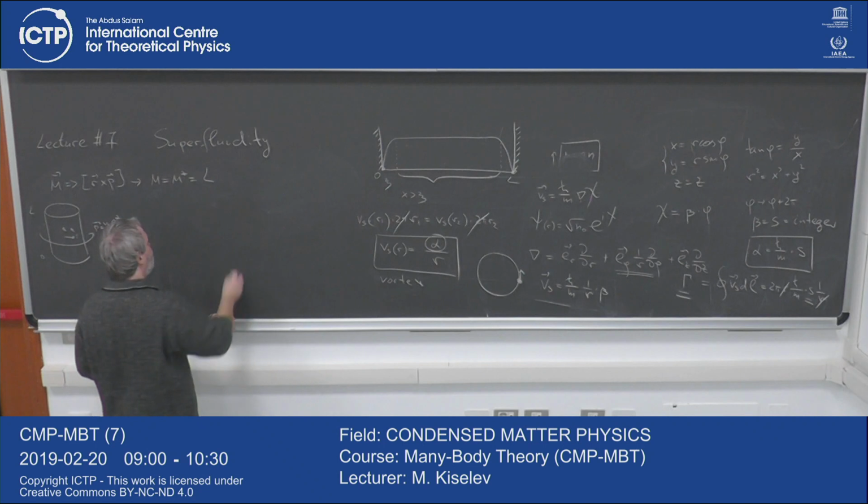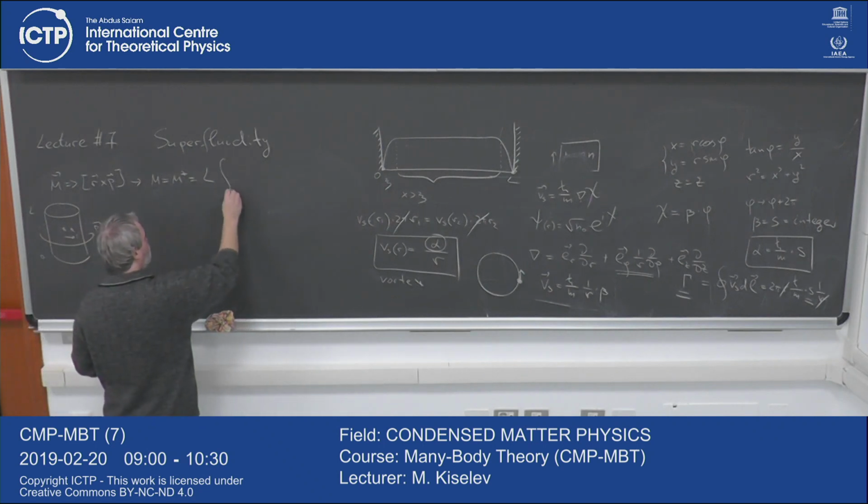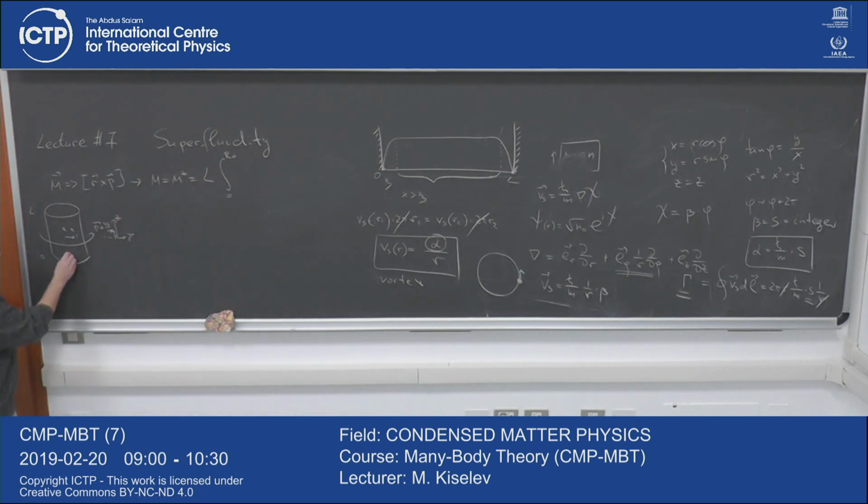This is an integral from 0 to r node. R node is the radius of the cylinder. I have a density.